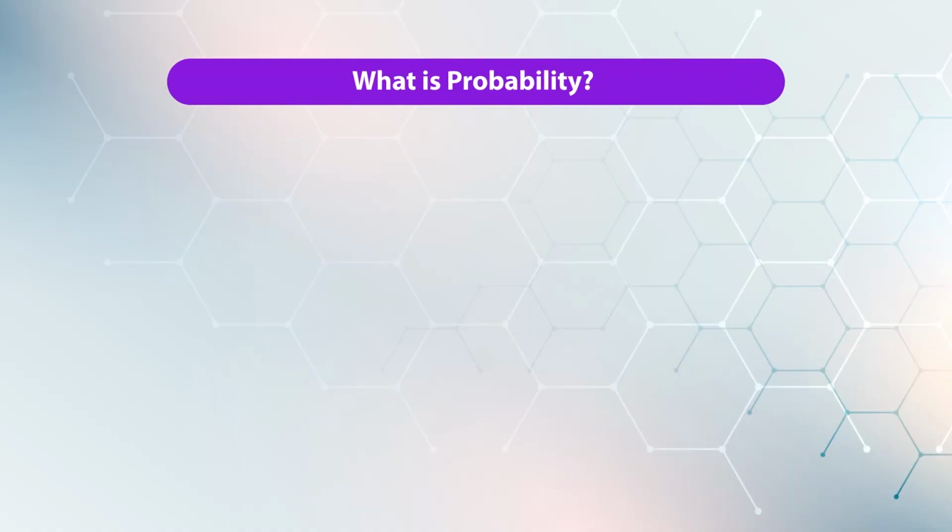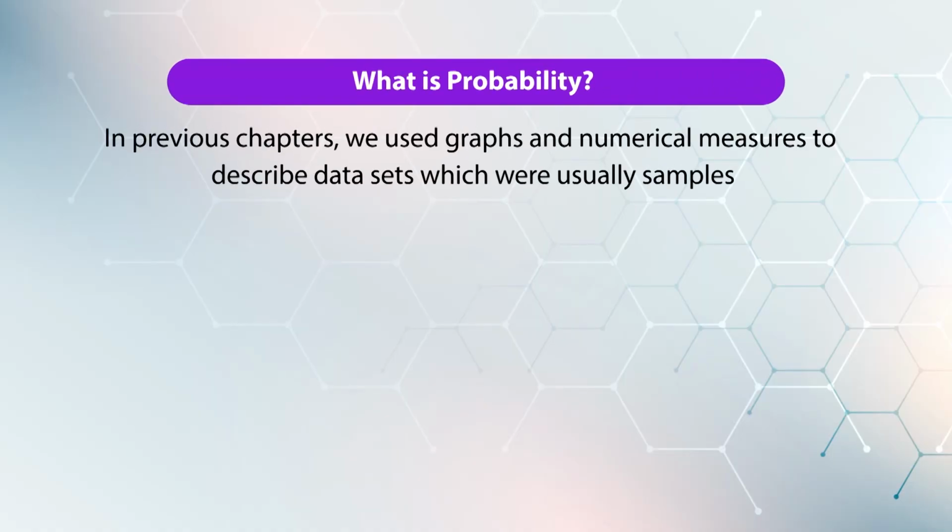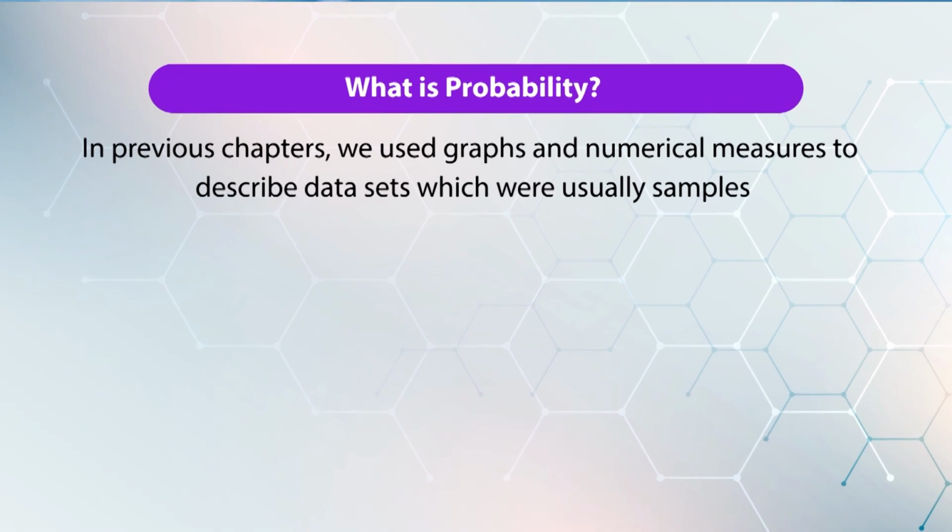So what we have learned in a preceding session is that we have a population and we have a sample. Probability is very important, because statistics and probability help us to get the clear or accurate result on the basis of the sample taken. So what is probability actually? In previous chapters we used graphs and numerical measures to describe data sets, which were usually samples.